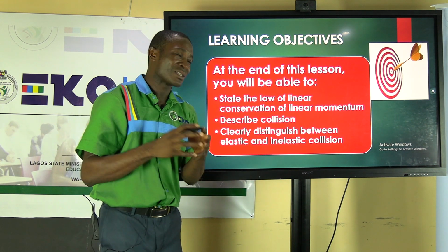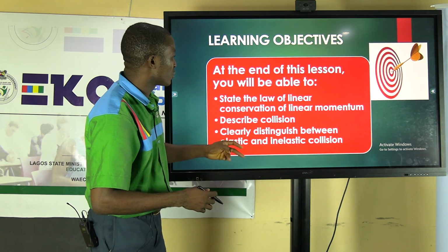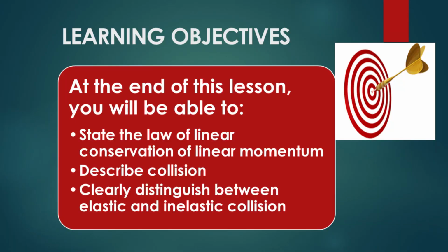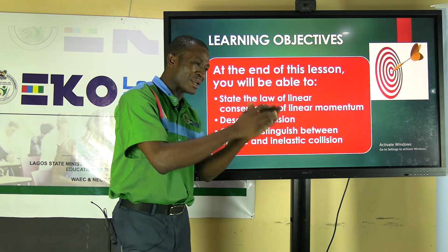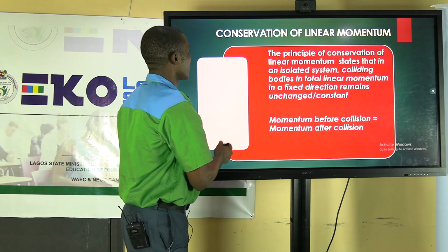But at the end of this class, you should be able to state the law of conservation of linear momentum. You should be able to describe and explain what collision is. You should also be able to clearly distinguish between elastic and inelastic collision.